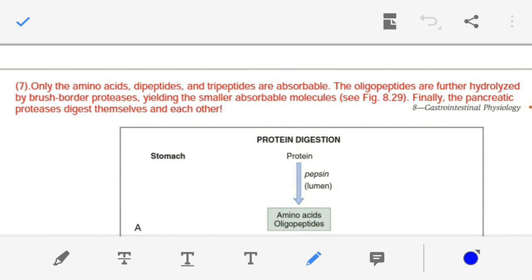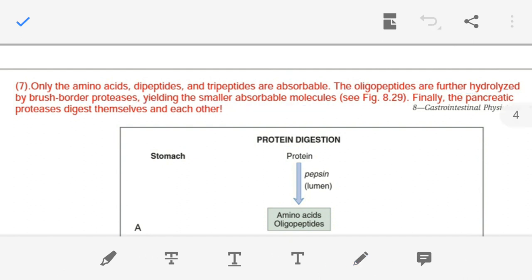Now the oligopeptides are further hydrolyzed by brush border proteases, and once they are further hydrolyzed, they produce smaller absorbable molecules.